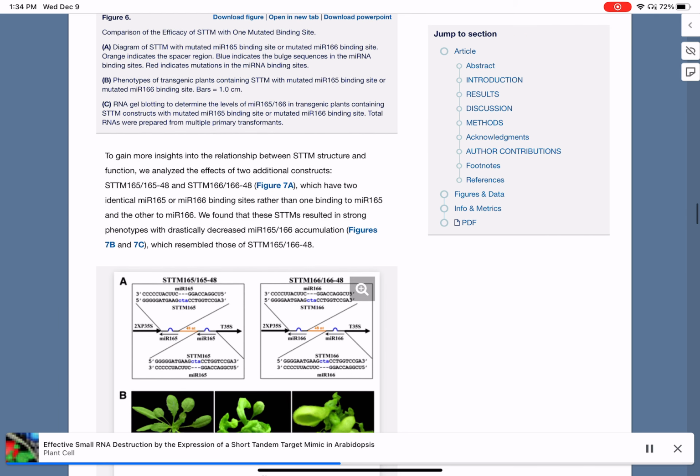In summary, among many STTM 165-166del48 or STTM 165del 166-48 transgenic plants, none of them displayed obvious abnormal phenotypes.